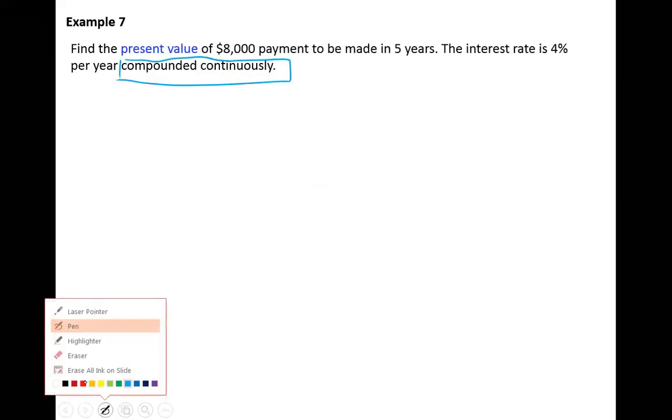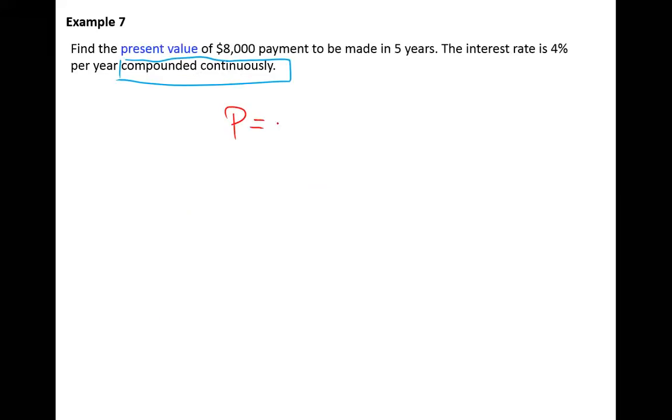Find the present value of an 8,000 payment to be made in 5 years. That means you will get $8,000 in 5 years, but what was the amount that you invested? What was the present value? The interest rate was 4% per year, compounded continuously. Again, continuously. One more time, who can tell me the equation?